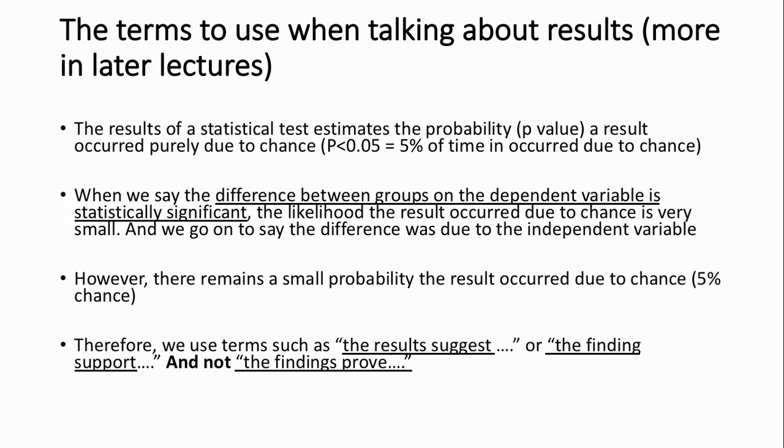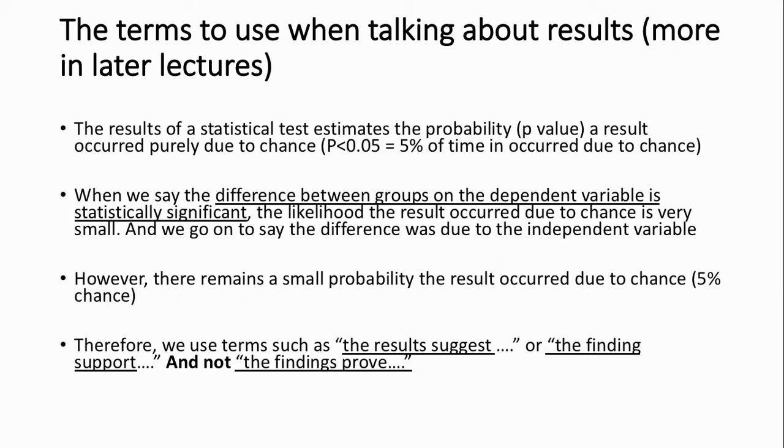All right, there are a few terms you need to use that you'll see when talking about results. The result of a statistical test estimates the probability, or the p-value, that the result occurred purely due to chance. So classically, and somewhat arbitrarily, we use a p-value of less than 0.05.